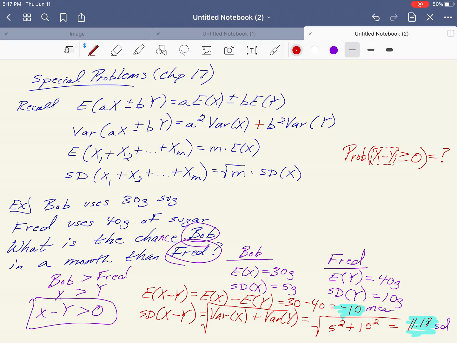When you go in the computer, remember you'll just see a plain X for this combination. You will use greater than or equal to, and you will put a 0. And then in the computer for your mean, if you use StatCrunch, you'll use -10. For the standard deviation, you will use 11.18. And that's using that normal calculator to get that probability, whatever it might be. Okay?